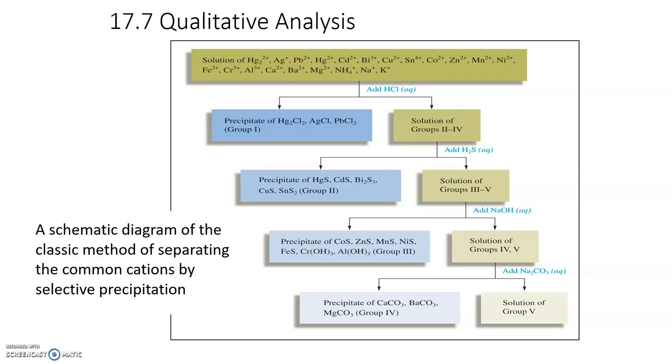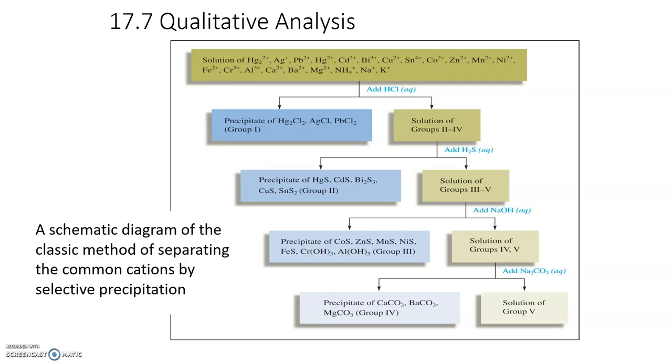This is a larger schematic diagram to the one a couple slides ago, looking at selective precipitation. And again, this is not something I really think you need to memorize. It's not going to be on your test. It may be a question or two on the final or on the AP exam.